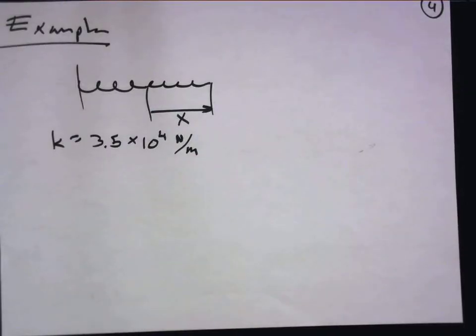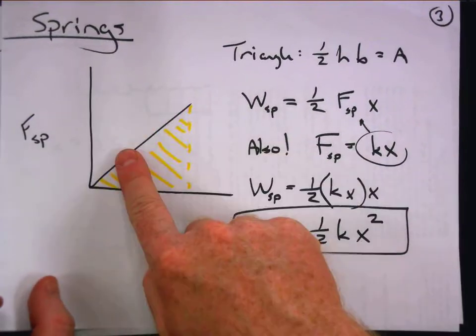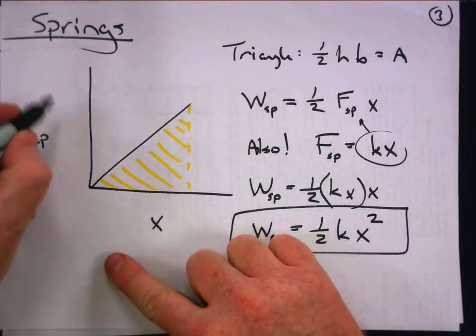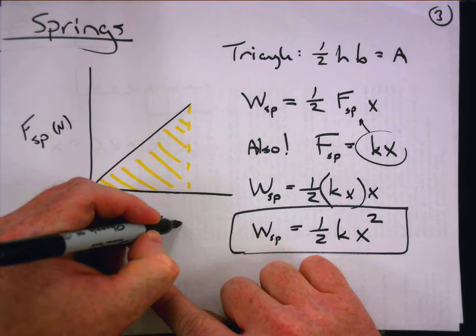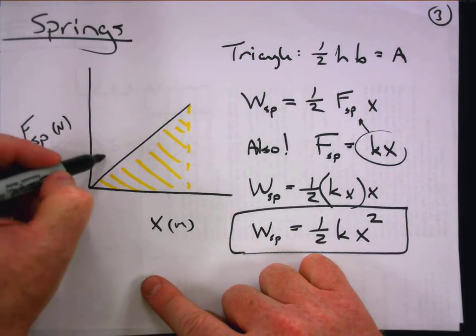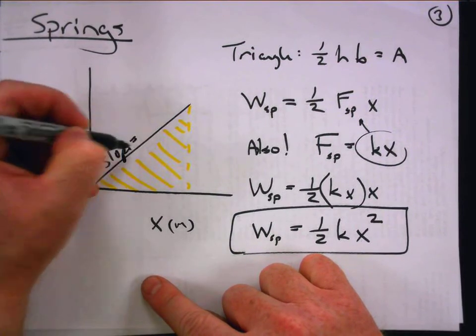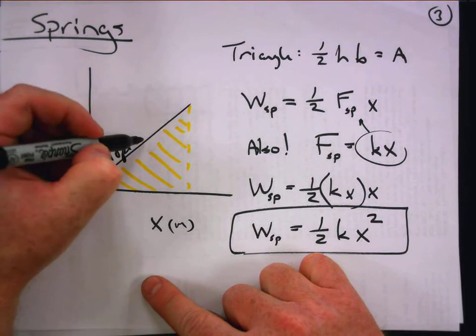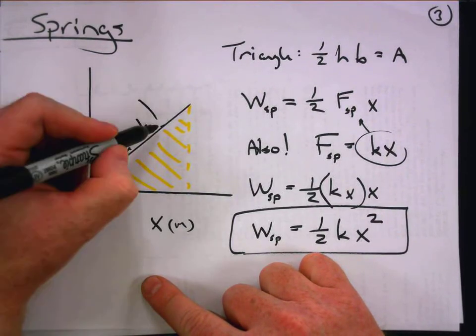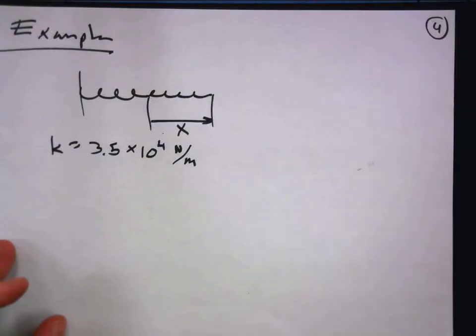Does that apply here? Is the slope of that line newtons per meter? Well, this is measured in newtons. That's measured in meters. Slope equals newtons per meter. Slope equals spring constant. Hey, connecting ideas together.